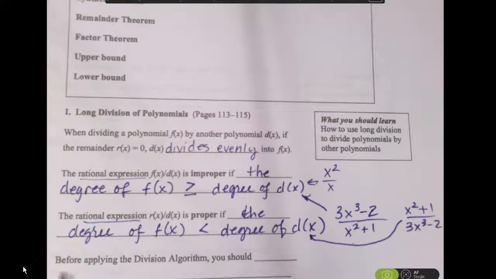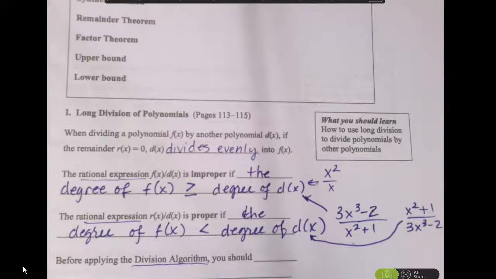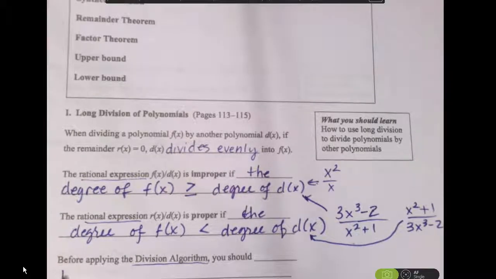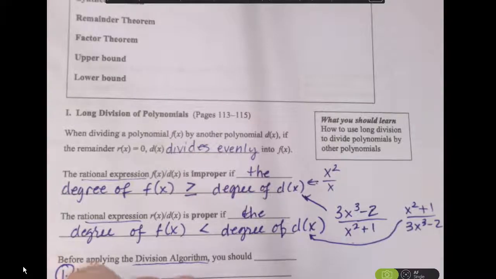So before applying the division algorithm, so we're getting ready to divide these polynomials, there's a couple of things that you need to do every single time. First, and I love a list, so rather than writing in a paragraph, I'm going to write you a list. Write the dividend and the divisor in descending powers of the variable.